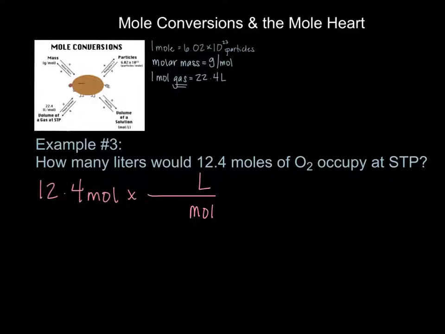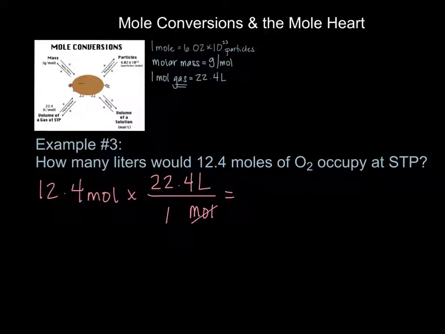And I always do my conversions in terms of 1 mole. And my conversion factor for this is going to be my molar volume, which is 1 mole of gas always equals 22.4 liters, regardless of the identity of the gas. As long as it's a gas, 1 mole of any sort of gas will take up 22.4 liters.